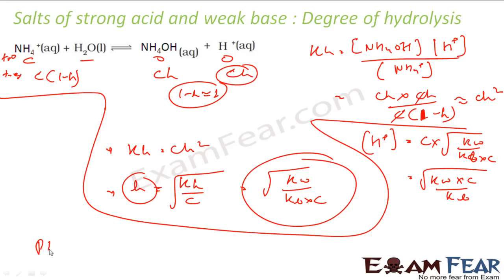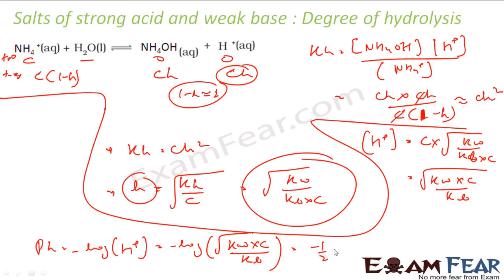So pH will be what? pH is nothing but minus log of H plus ion concentration. That is nothing but minus log of this whole thing, root of Kw into C by Kb. And that is nothing but minus 1 by 2, and it will come here. This will become pKw plus log C minus pKb. This is what you'll get. Pretty easy.